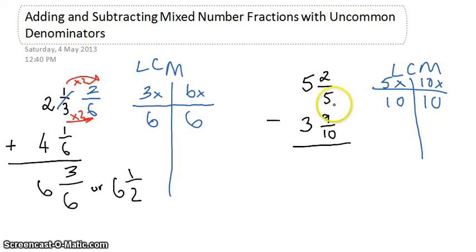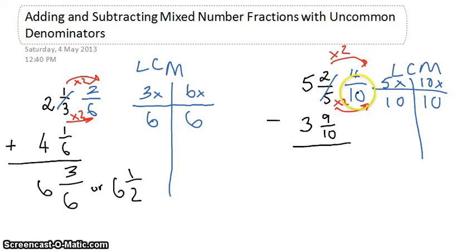So we turn our 2 fifths into something over 10. We know we get 10 from 5 by multiplying that by 2, so we need to do that to the top as well. And 2 by 2 is 4. So 2 fifths is the same as 4 tenths.